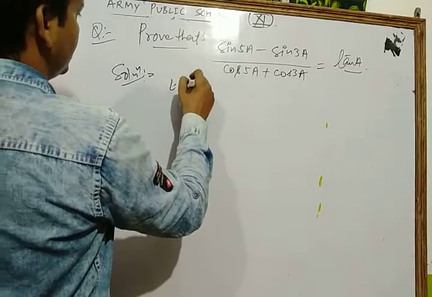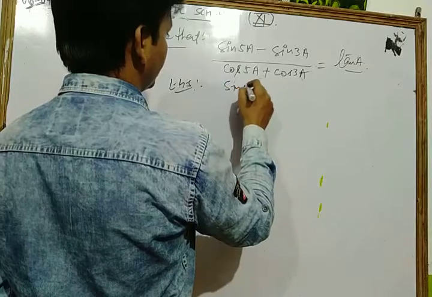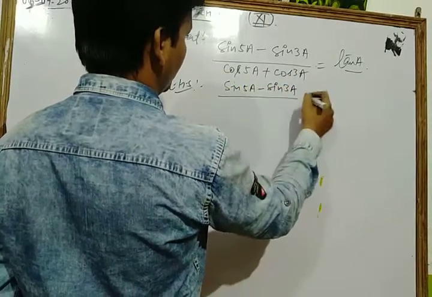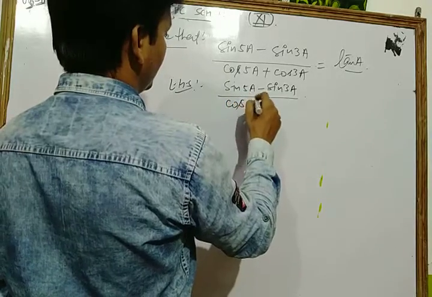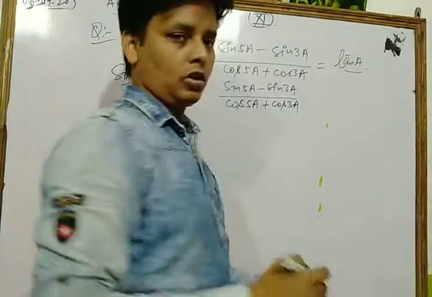First we take the left hand side, which is sin 5A minus sin 3A upon cos 5A plus cos 3A.